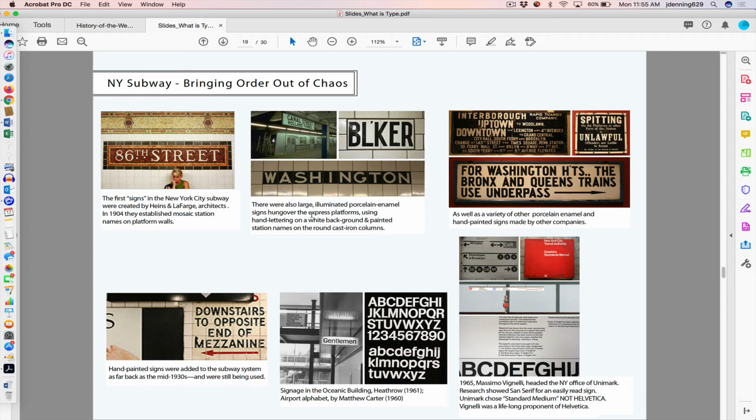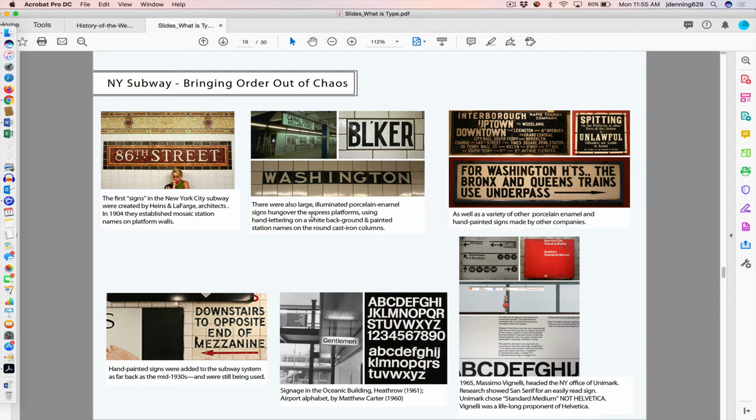There were also large illuminated porcelain enamel signs hung over the express platforms using hand lettering on white background. And there were painted station names on the round cast iron columns. There were also a variety of other porcelain enamel and hand painted signs made by other companies.